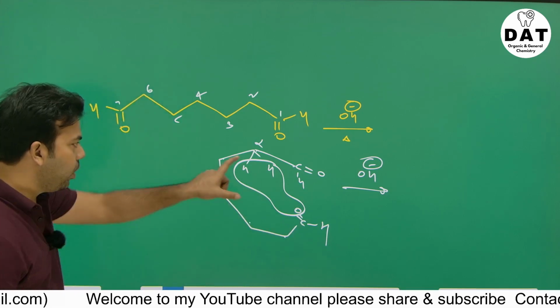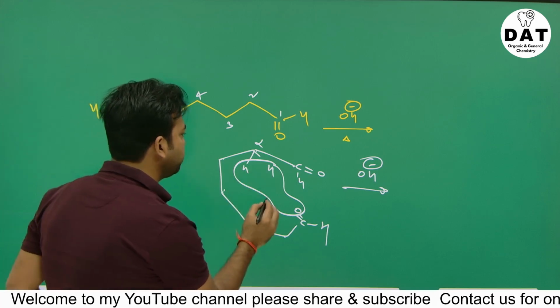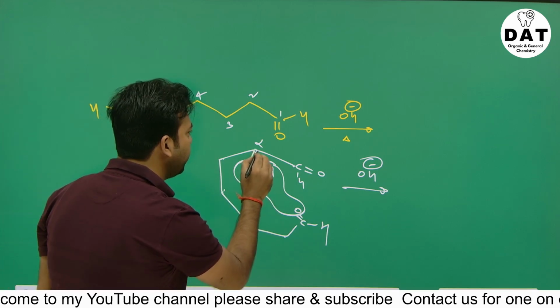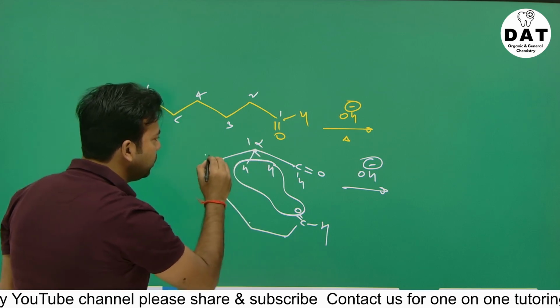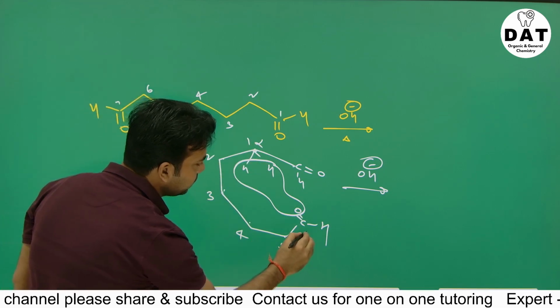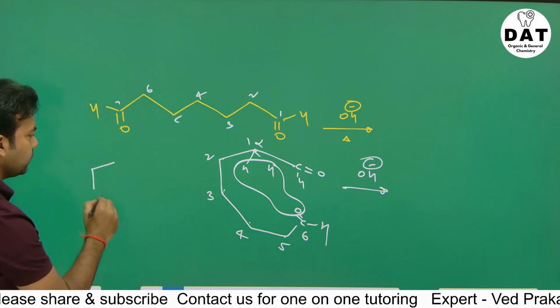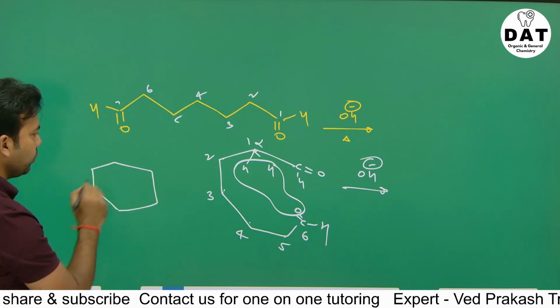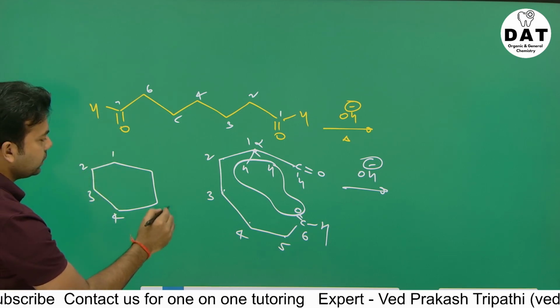So there is a bond between them. We can do the numbering as well. Suppose we have this carbon as my 1, the ring 1 I am talking about. So 1, 2, 3, 4, 5 and 6. So you can make a 6 member ring like this. Suppose this is 1, this is 2, this is 3, this is 4, this is 5 and this is 6.